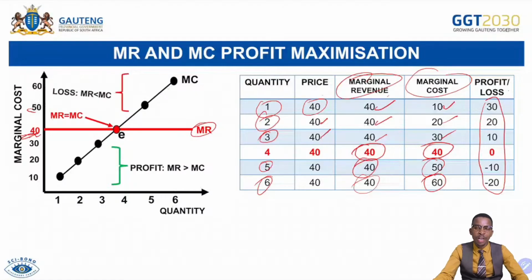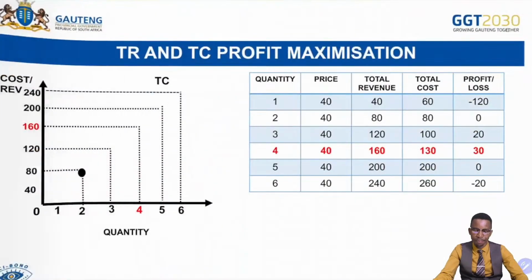Your MR remains constant at 40. It doesn't change because the firm is a price taker under perfect market. It is not able to set any price because there are too many firms, and no firm can influence the price since no firm can dominate the market. So any point above point E indicates economic loss because MC is more than MR. Any point beneath point E indicates economic profit because MR is more than MC.